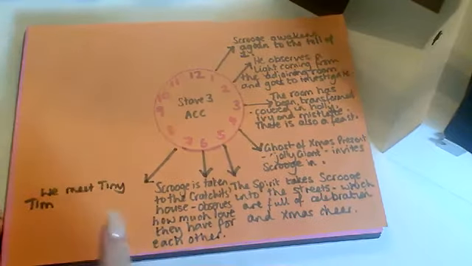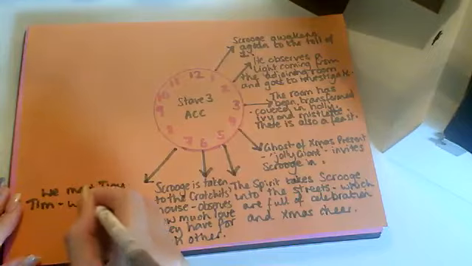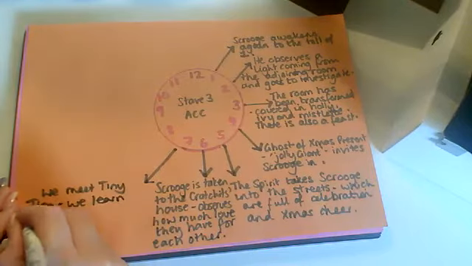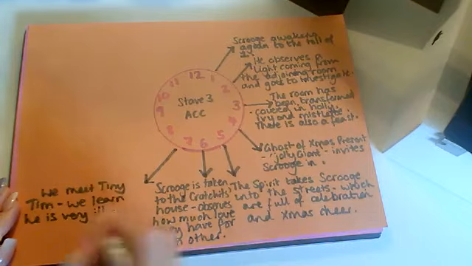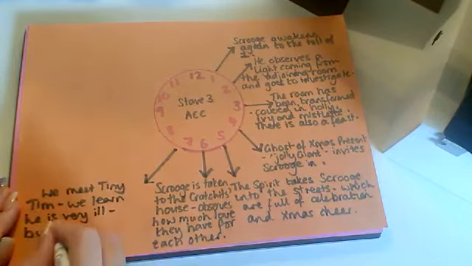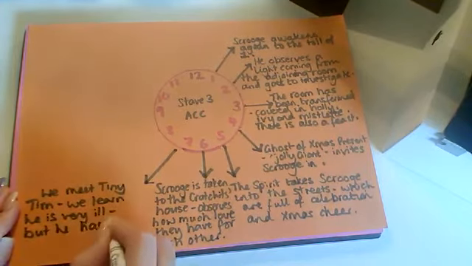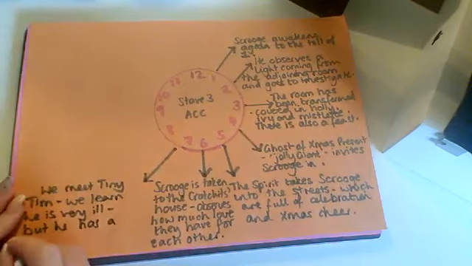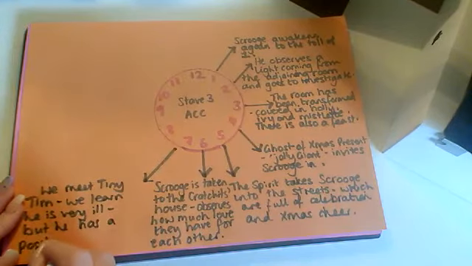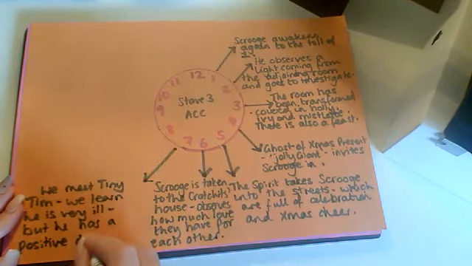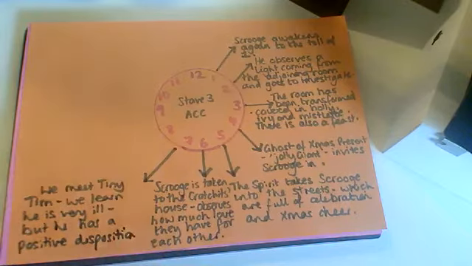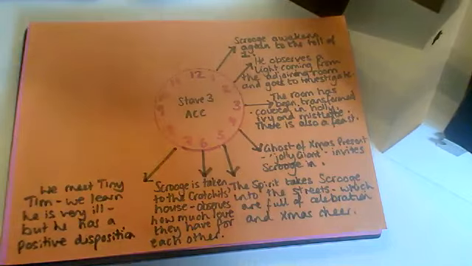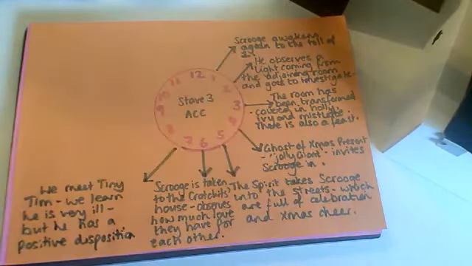Okay, and we learn he is very ill, but he has a positive disposition. So we meet Tiny Tim, we learn that he's very ill, okay, and he has every right to be quite miserable, but he's very positive. Okay.